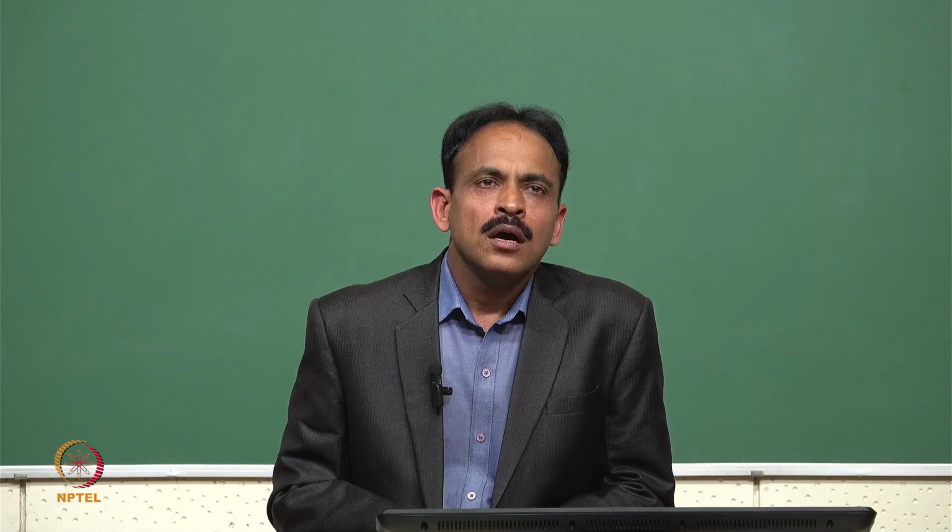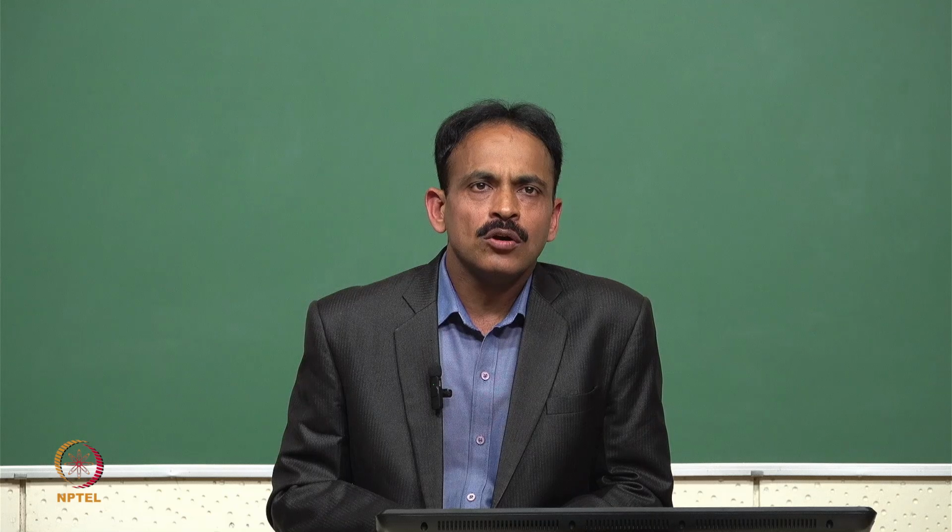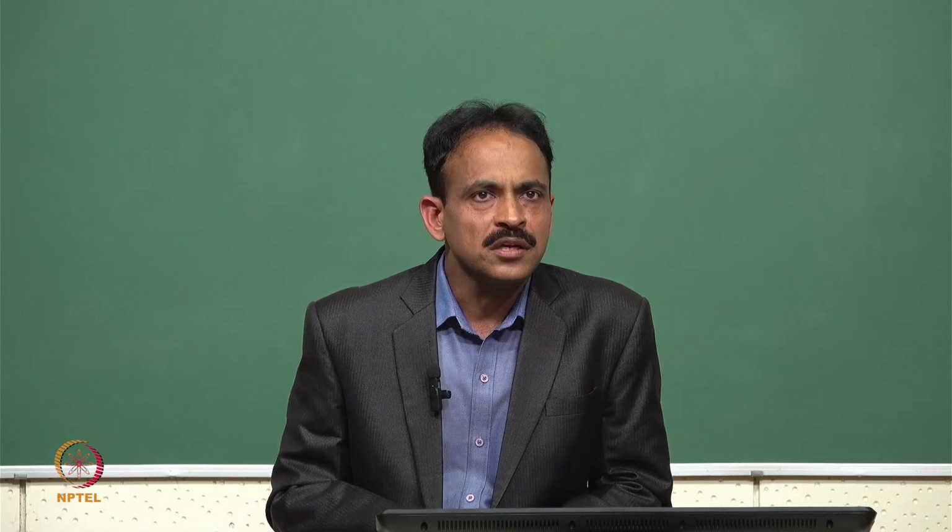So this is how peer review is very important. Other one is authorship and contributorship. Clearly define authorship criteria and acknowledge the contributions of all individuals involved in the research. Also, avoid honorary authorship and ensure that all listed authors have made substantial contributions to the study.